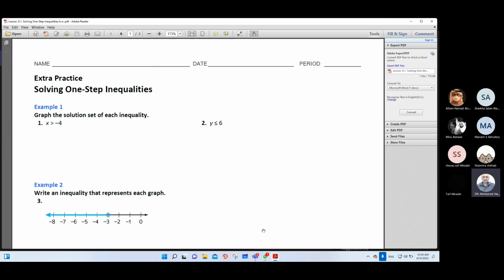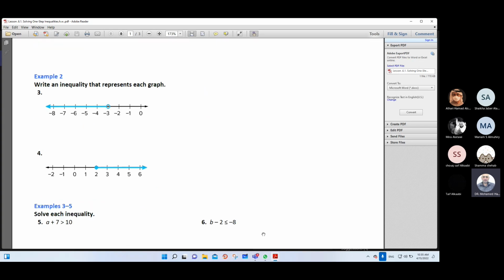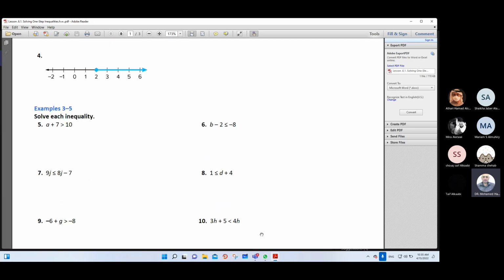previous lesson some exercises. We want to continue the exercises.